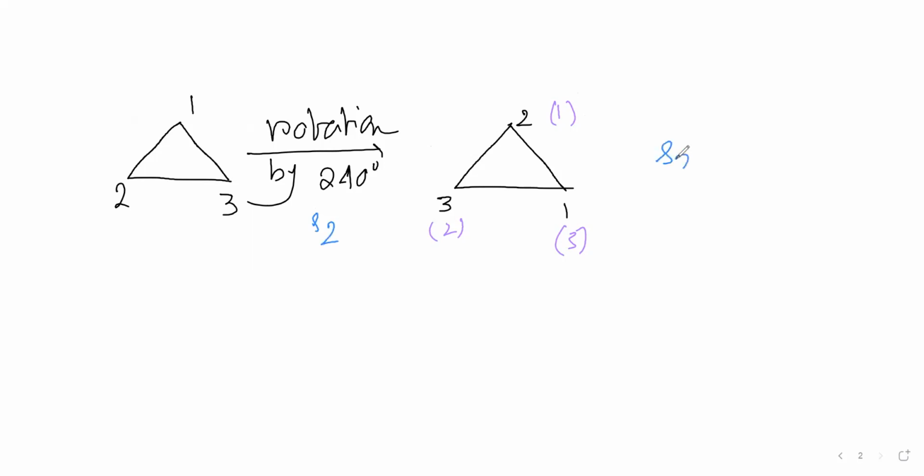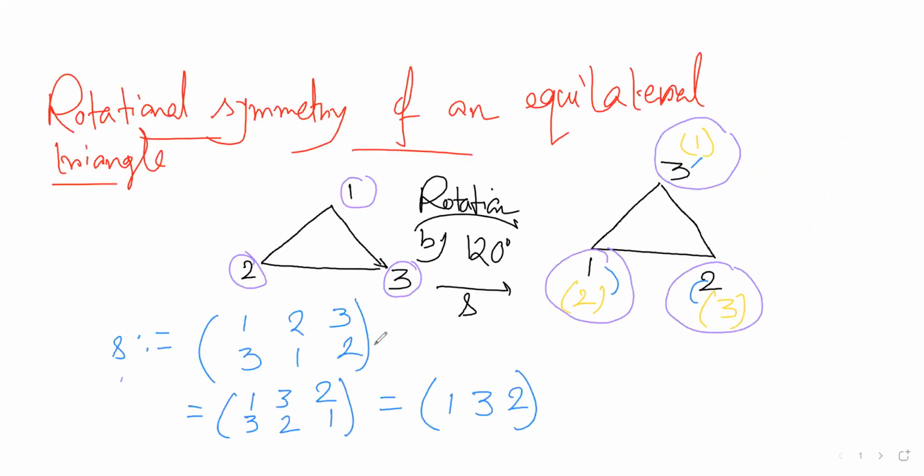Then S2 is: 1 becomes 2, 2 becomes 3, and 3 becomes 1, right? So already we know how to write it in shorthand. That is (1 2 3). Now this is the rotation by 240 degrees, and this is the rotation by 120 degrees, right?